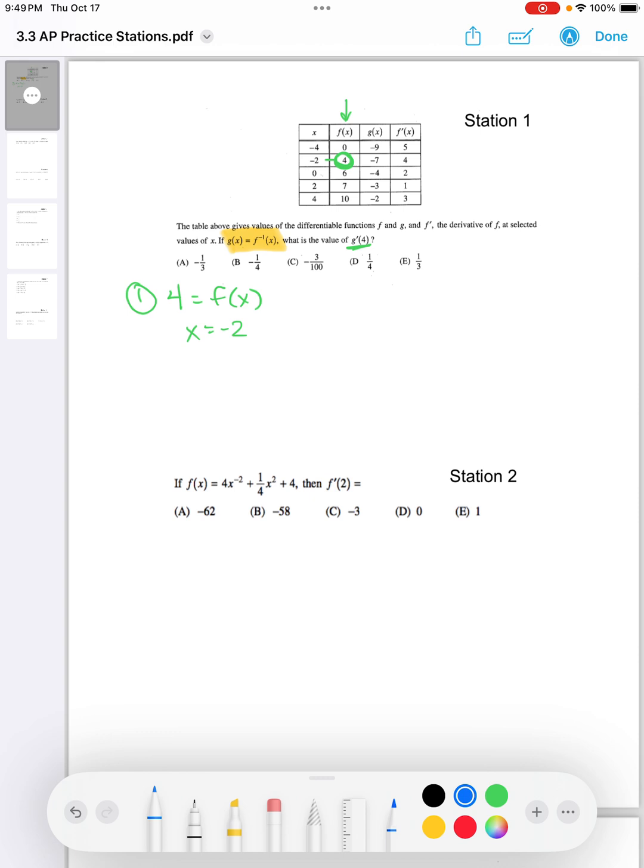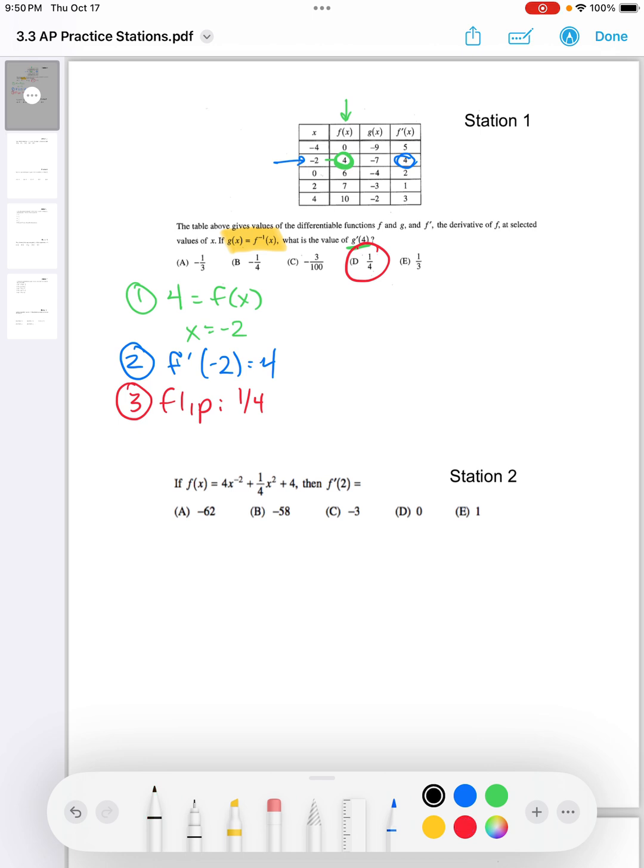And so we're going to use this row then to help us solve the rest of the questions. So now I want to find f prime of -2, which I can do by looking in this row. f prime of -2 is going to take me to 4. And then finally, remember, step 3 is always flip. So flipping the 4 is going to give me 1/4. Answer is D.